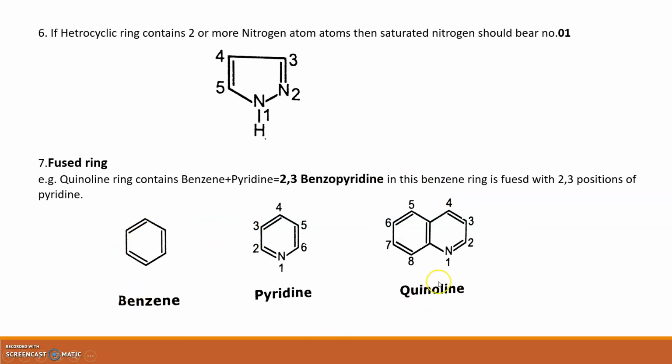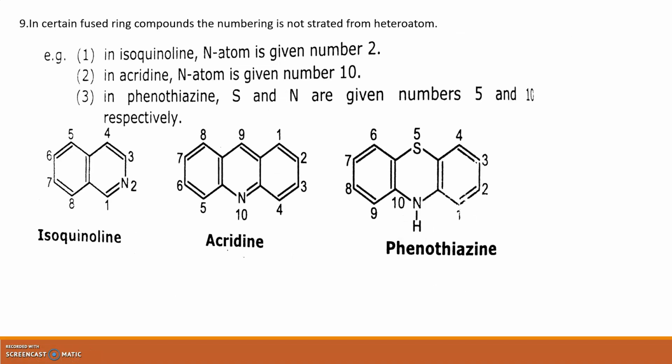There is a formation of quinoline. This is the fused ring. Likewise, you start the numbering from the heteroatom and then go to the least possible substituent numbers. For example, this is the structure of quinoline. The numbering starts from nitrogen and ends at this number 8 position. So this is the example of quinoline.